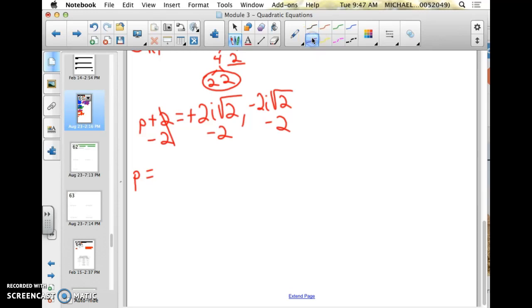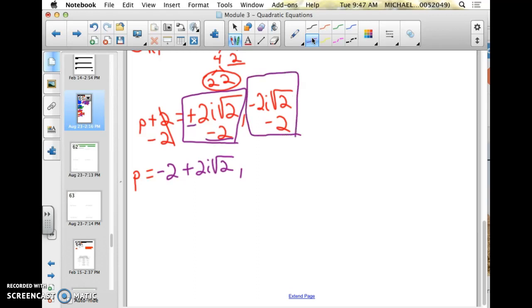I'm going to rewrite this whole piece with the real term coming first, negative 2 plus 2i radical 2, and then this whole piece with the real term coming first, negative 2 minus 2i radical 2. So you see my two solutions in this case are complex because they have a real part and an imaginary part. And we're done.